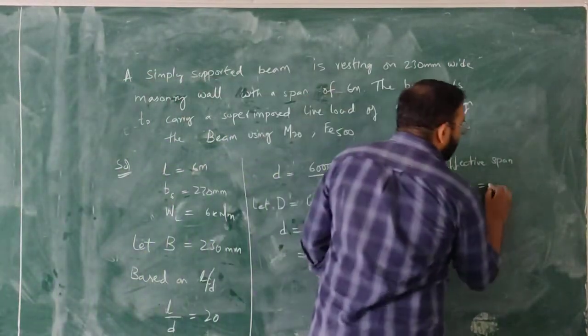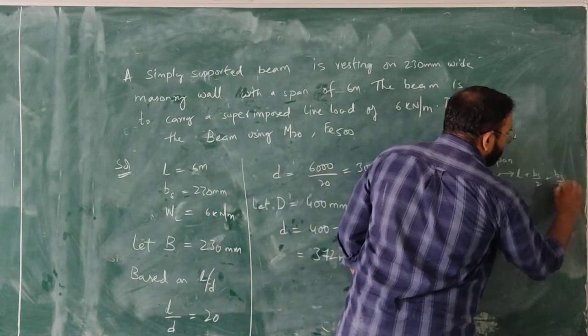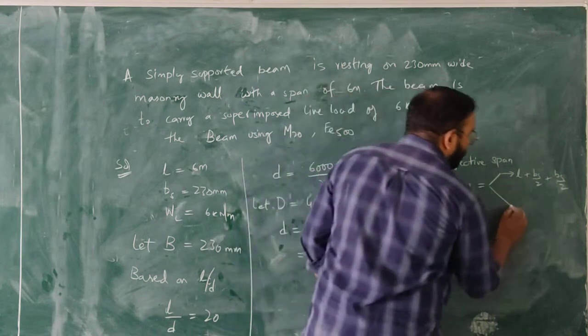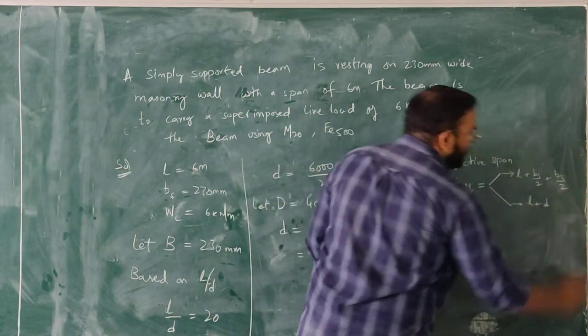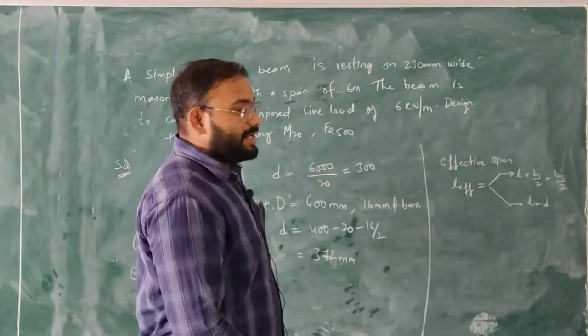For effective span, you have two formulas, that is L plus breadth of support by 2 plus breadth of support by 2, and one more formula is L plus D, whichever is least. Least of the two should be taken as L effective.